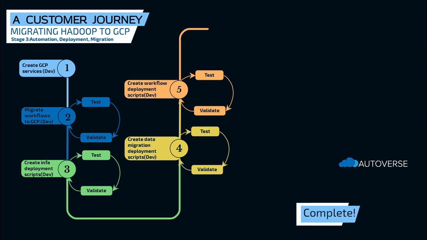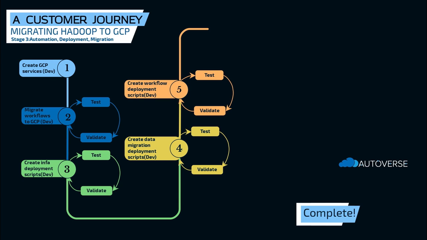Everything needs to be done literally with the press of a button, to be set up properly, to be scheduled properly, to be done right. So initially we do all these scripts for dev, and again, even for these deployment scripts, it's an iterative process. We test and we validate, and we go through that a number of times.